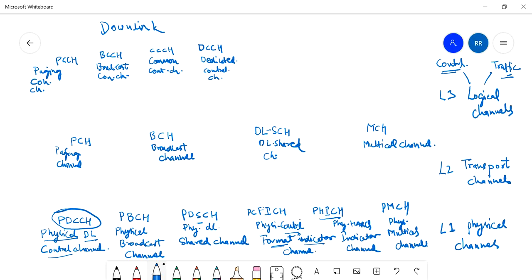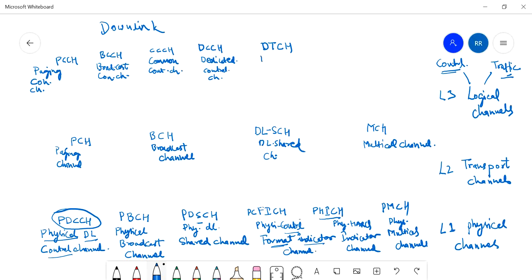Till now we have seen the control channels in logical channels. Then there is DTCH, dedicated traffic channel.